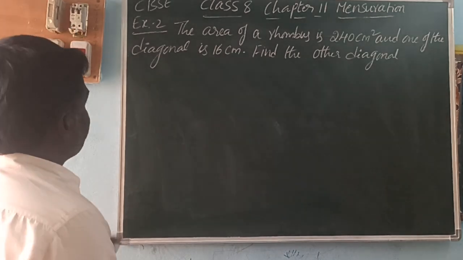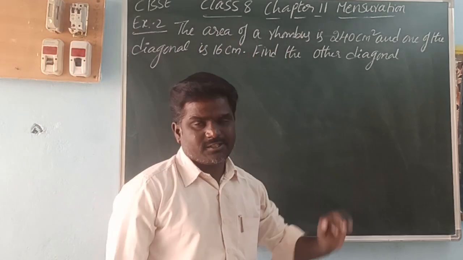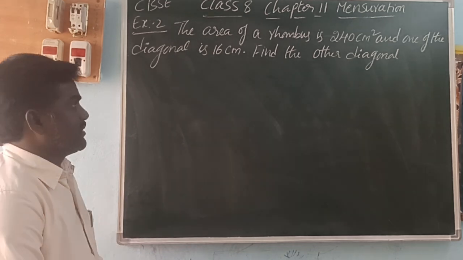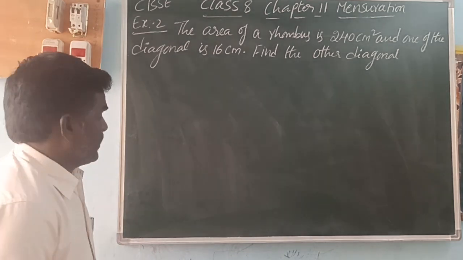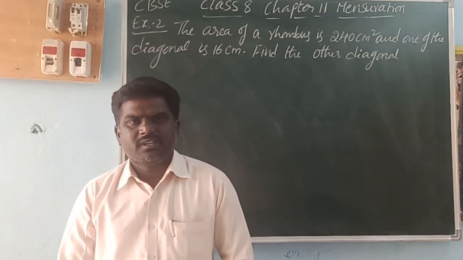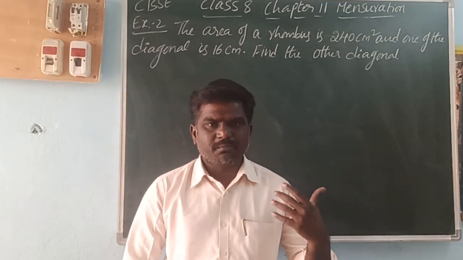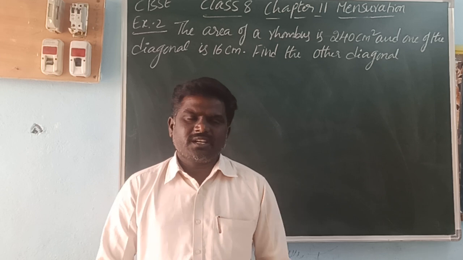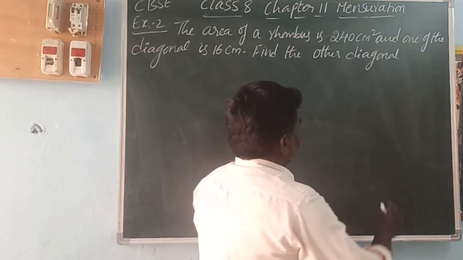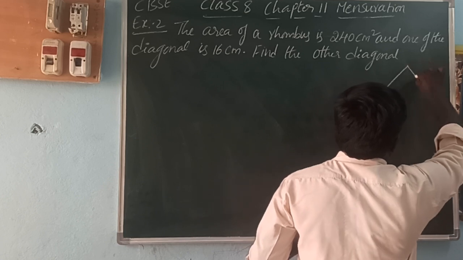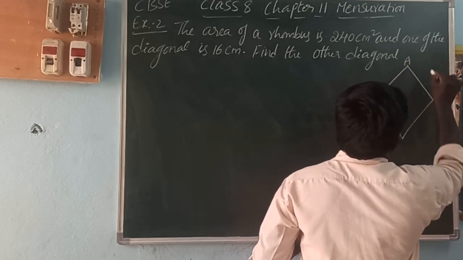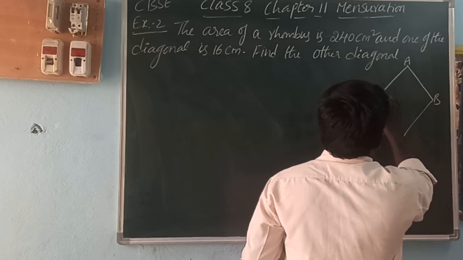Next, example 2. The area of a rhombus is 240 centimeter square and one of the diagonals is 16 centimeter. Find the other diagonal. So here, what is a rhombus? Adjacent sides are equal, diagonals are not equal, diagonals bisect each other. The area of a rhombus formula is half into d1 into d2. So this is a rhombus.